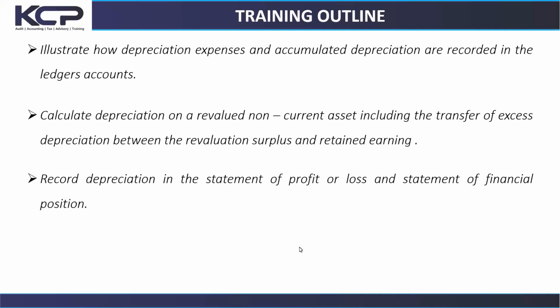Okay, we assume that the number of years is 7 years, and the cost of the asset originally was 1 million with a revalued sum of 750,000. So what would be the treatment of the depreciation on the asset when it is then depreciated?